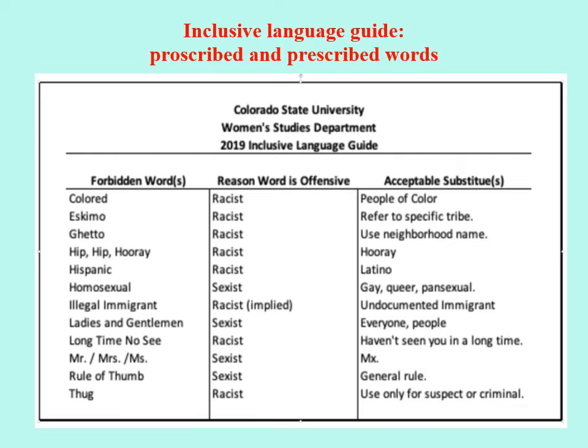Hip hip hooray is racist. Hooray is okay. Homosexual is sexist. Gay, queer, or pansexual is not accepted. Ladies and gentlemen is sexist. Everyone, people is acceptable. So as you can see, even previously neutral or innocuous words can take on negative connotations and may come to be prohibited.